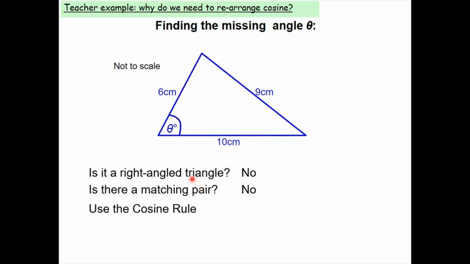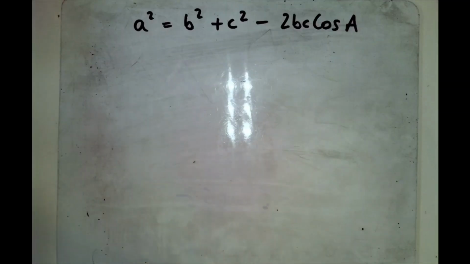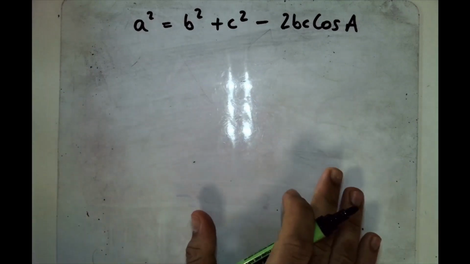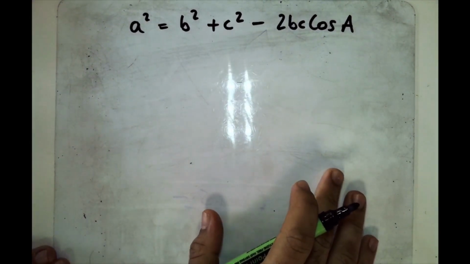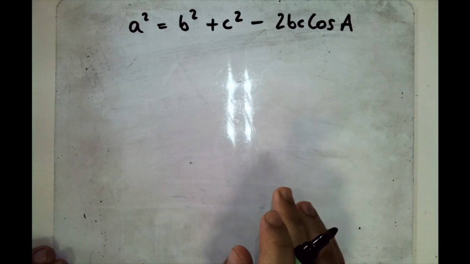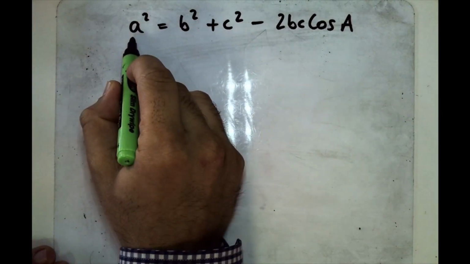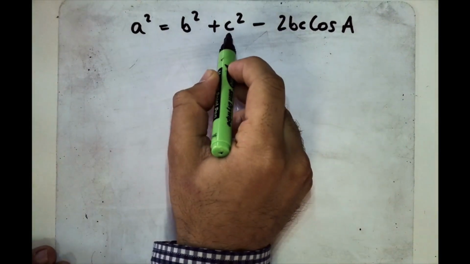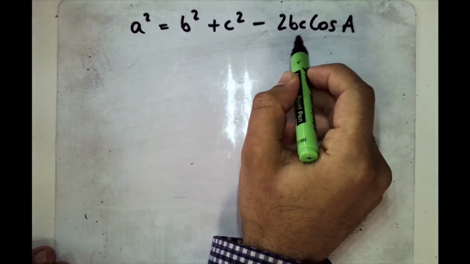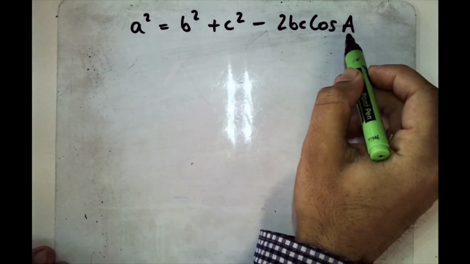So what I'm now going to show you is how to rearrange the cosine rule. And I'm going to do that on a mini whiteboard. Right, so this is the cosine rule that you know, the one that we used yesterday, or in your previous lesson. Now, as you can see, in this rule, I have three sides, these two again, and I have one angle.